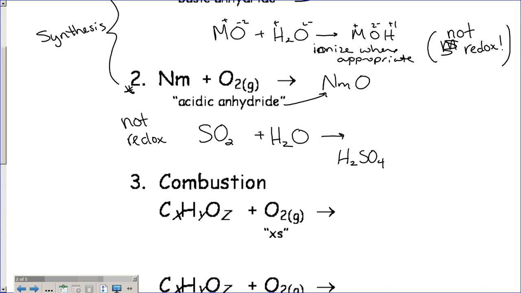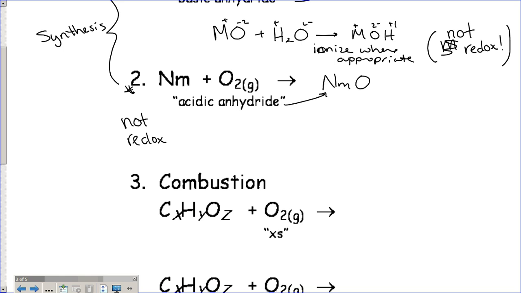So we have sulfur here at a +4 oxidation state, +1 on the hydrogen, -2 on the oxygen. We can't use this one because the sulfur oxidation state in sulfate is +6. So this is not an acidic anhydride. Bad choice, Thomas. Let's start again.